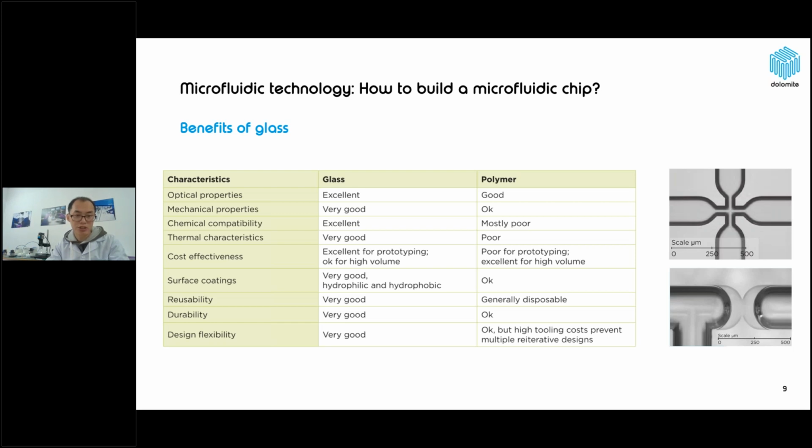From the table, you can see glass is very good and excellent on characteristics like optical properties, mechanical properties, chemical compatibility, thermal characteristics, and even with surface coating, cost effectiveness, reusability and durability, and design flexibility compared to the polymer.